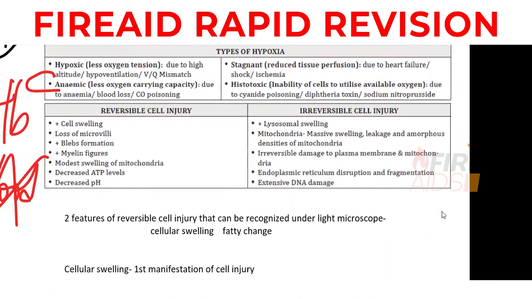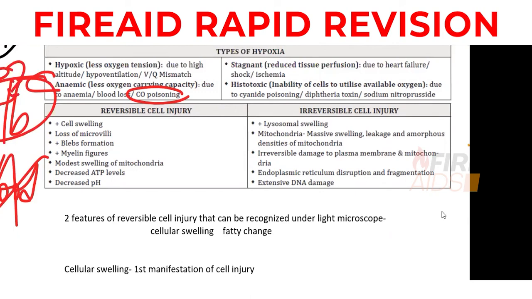And the third is carbon monoxide poisoning. In this case, there is oxygen, but carbon monoxide replaces it. It goes and sits with the hemoglobin, and the hemoglobin carries carbon monoxide instead of oxygen. They prefer carbon monoxide because it is readily and quickly diffusible. So these are the three points for anemic hypoxia.